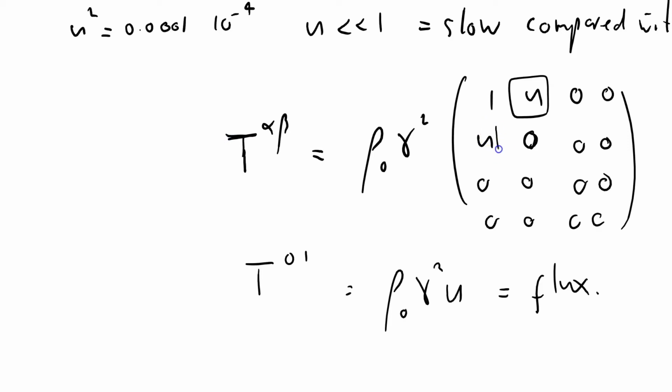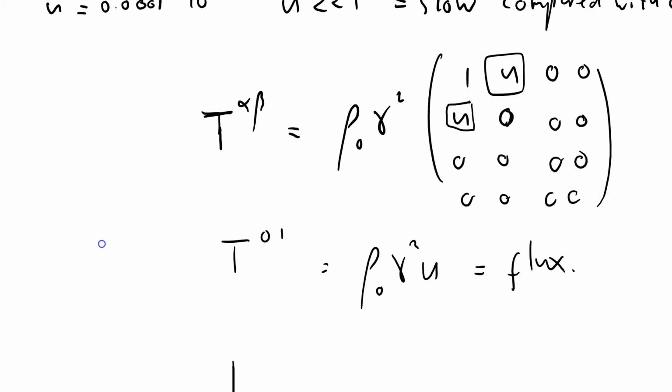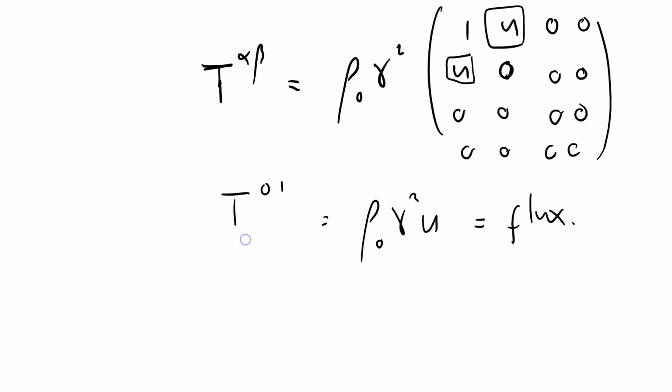We can also look at this component here, but, ooh, I don't know why it does that. Just a minute. Get rid of those things. We can also look at this term here, which is going to be T, oh dear.